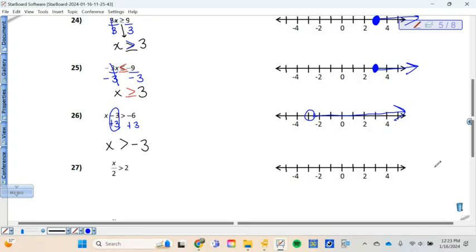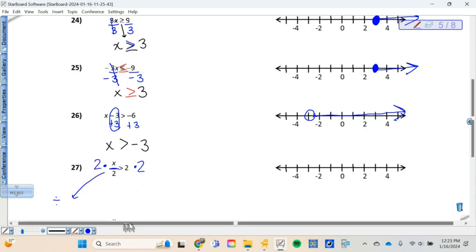All right, number 27. What does this little line mean? That's a division sign, right? That's divide. The way I undo division is we multiply. What do we multiply by? 2.